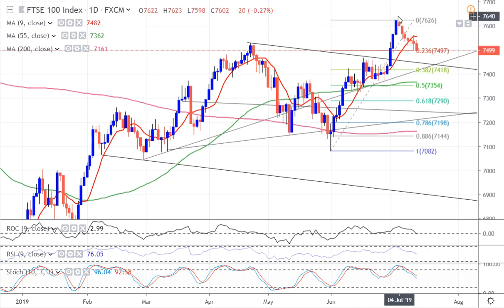Okay. So where would be the measured target of this bullish flag? We can work it out. It's a very, very easy calculation. What you do is you take the top of that pole.